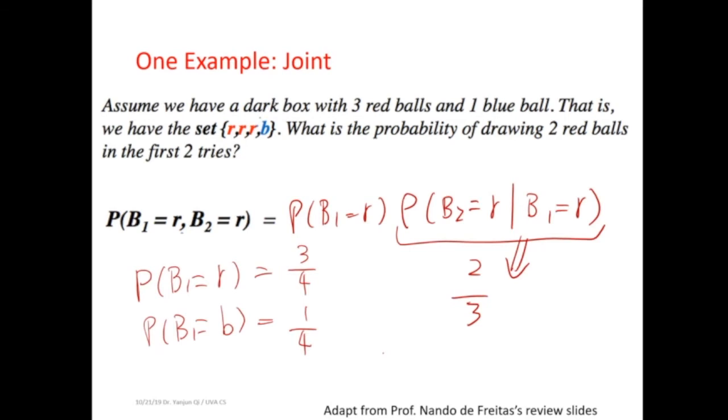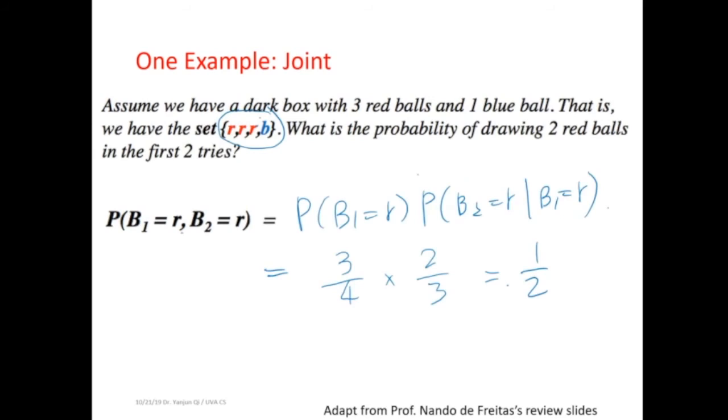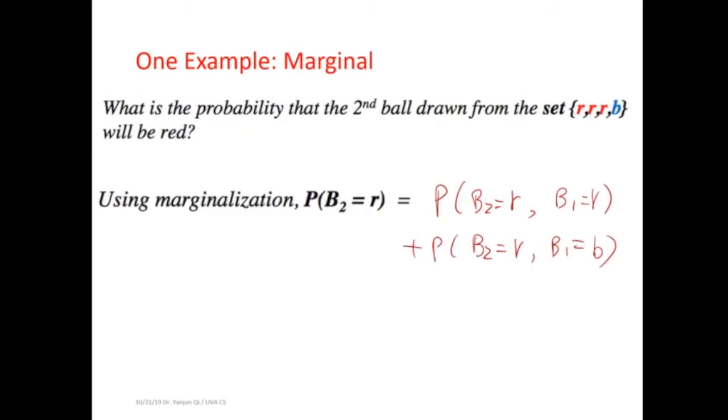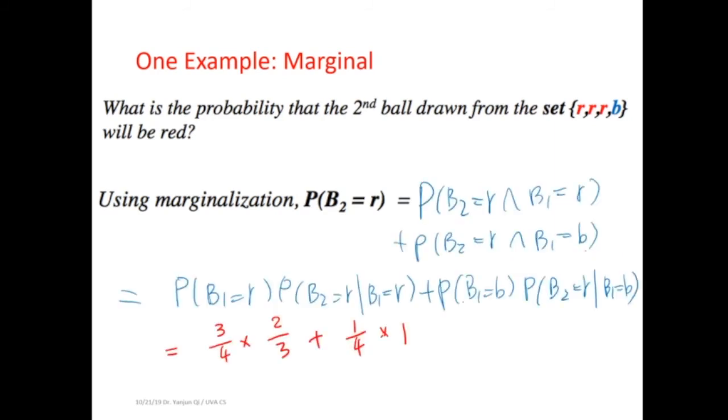The black ball is 1/4. And this part is 2/3, and then this is 1/2. And this is the marginal probability. You do B2 equals R and non-conditional joint with B1 equals R, B1 equals B. And then, because this is joint probability, similar to the first we did, you use chain rule to decompose this into B1 times B2 conditional on B1.